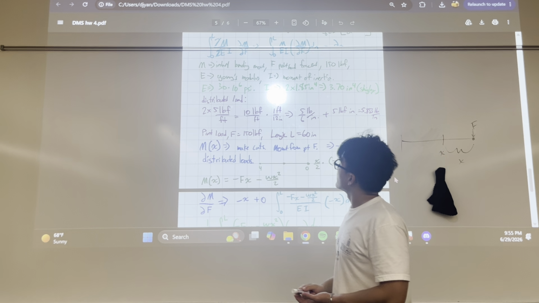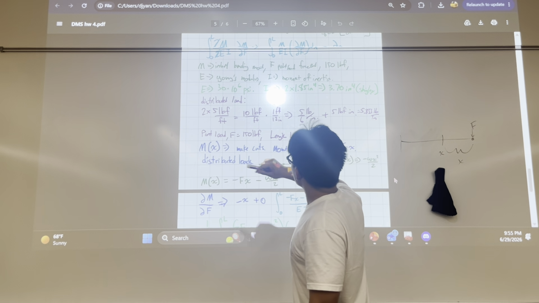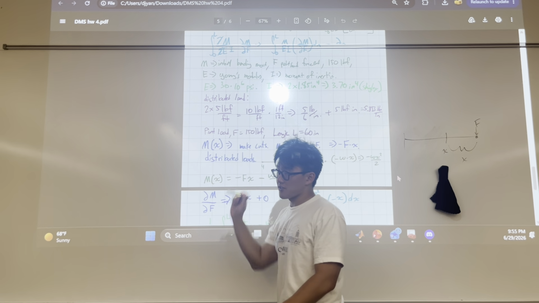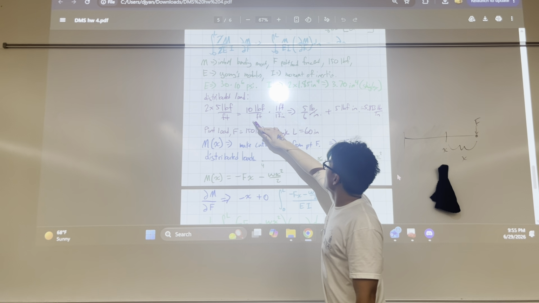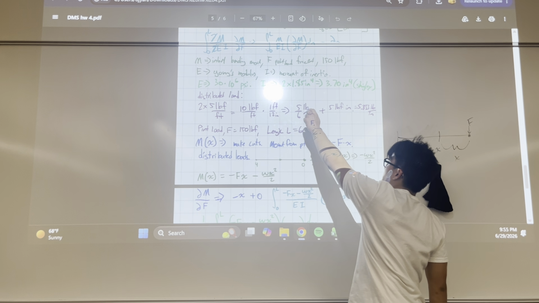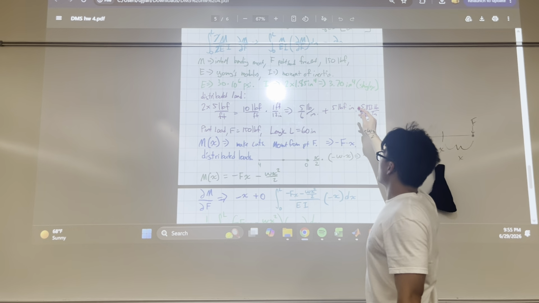And then the distributed load. The weight of the channel was 5 pound force per foot, and since there are 2 of them, it's 10. Once we convert the units, taking out feet and putting in inches, we get 5/6 pounds per inch. There's also a load shown in the diagram above.